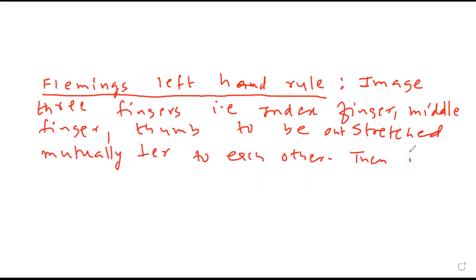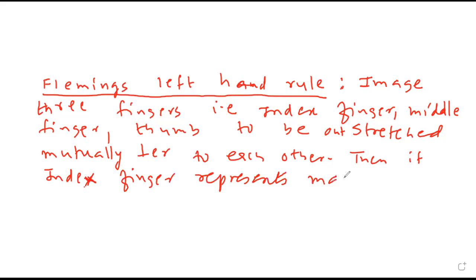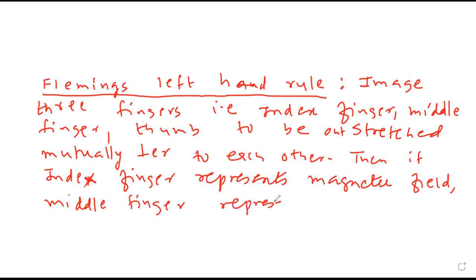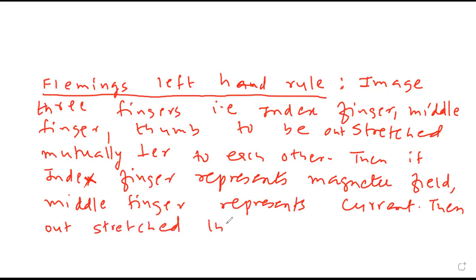Then if the index finger represents the magnetic field, the middle finger represents current, then the outstretched thumb represents force.